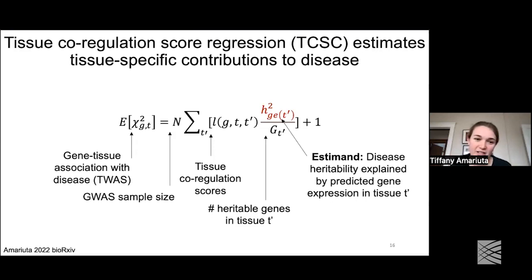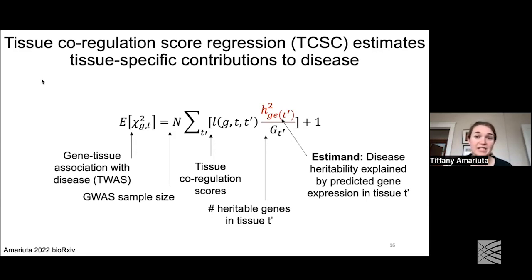We have derived this TWAS chi-squared model as a function of these co-regulation scores that I talked about on the previous slide, and this quantity H squared GE T prime, which is the thing we are trying to estimate with our method. And this is effectively our causal parameter that allows us to distinguish the contribution across different tissues.